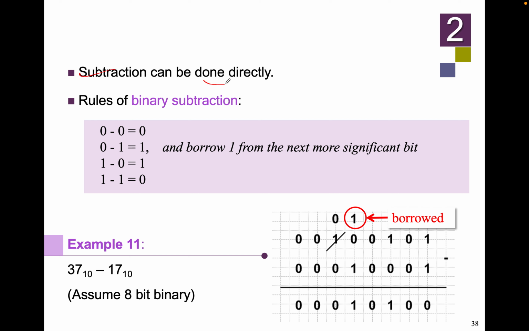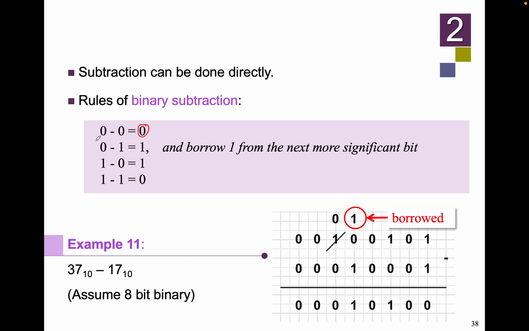Subtraction can be done directly also with the rules. No need for you to change to the additions. So you need to know, if you have 0 minus 0 you will get 0, 0 minus 1 you get 1, 1 minus 0 you will get 1, 1 minus 1 equal to 0.